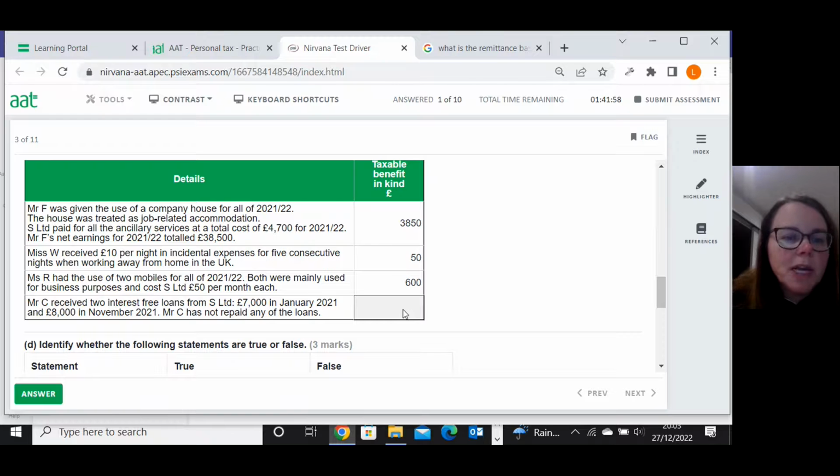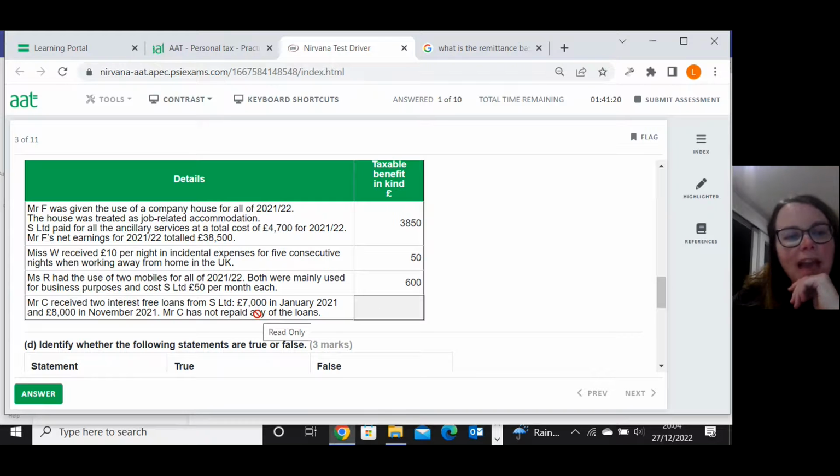Mr. C received 2 interest-free loans, 7,000 in January 2021 and 8,000 in November 2021. Nothing's been repaid. Right, so the key here is as soon as you go over 10,000 combined at any point in the tax year, so we started the tax year in April with 7,000 and then that's gone up to 15,000 in November during our tax year. So the fact it's gone over 10,000 triggers us having to tax it.